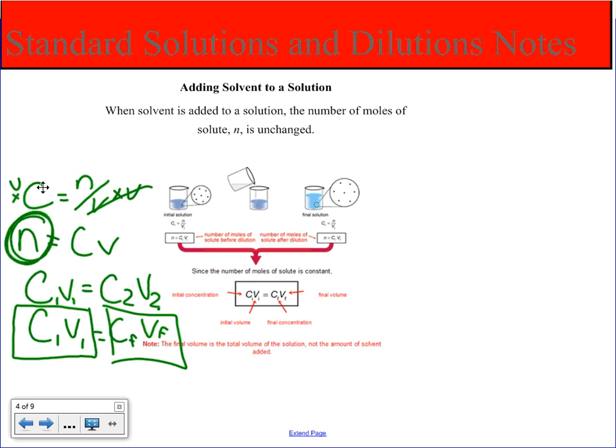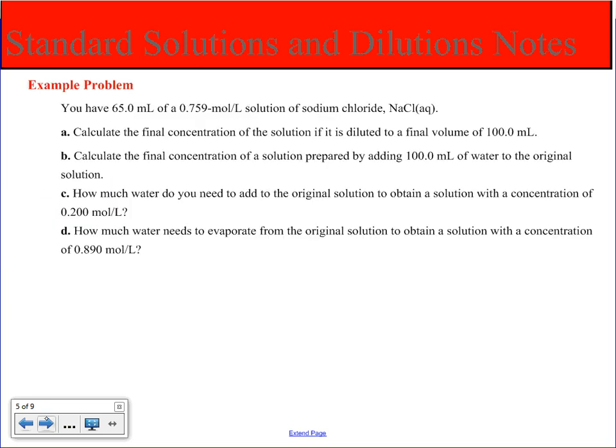Now it says here that we need to note that the final volume is the total volume of the solution, not just the amount of solvent added. That's very important, especially when we look at our example problem. It says you have 65 milliliters of a 0.759 mole per liter solution of sodium chloride.